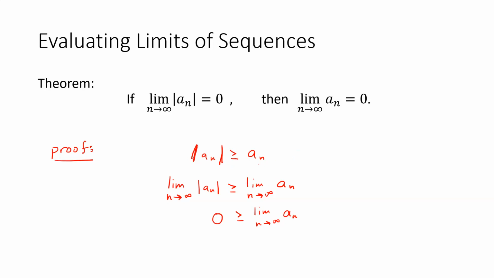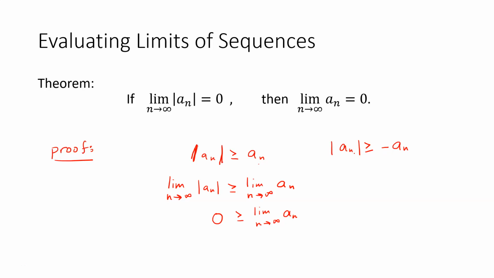And notice that I could do the same thing here with negative an. So here, if I know that the absolute value of an is greater than or equal to negative an, again the same argument, the absolute value just makes it positive.